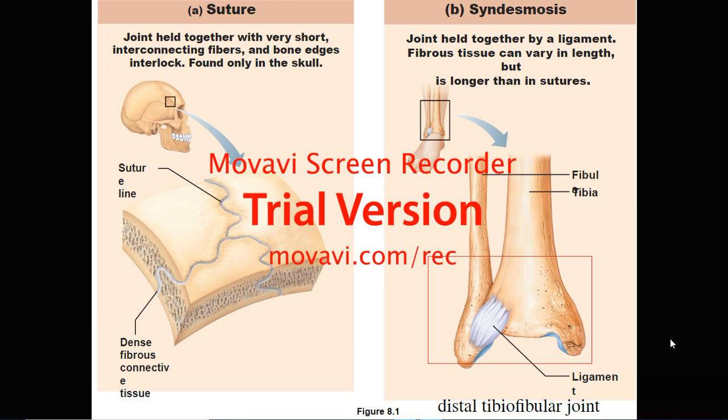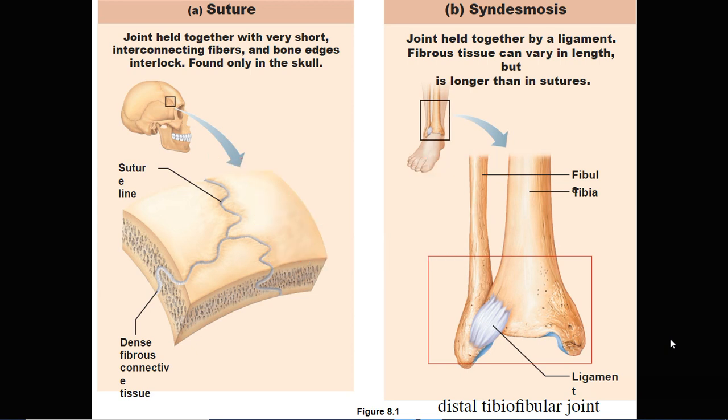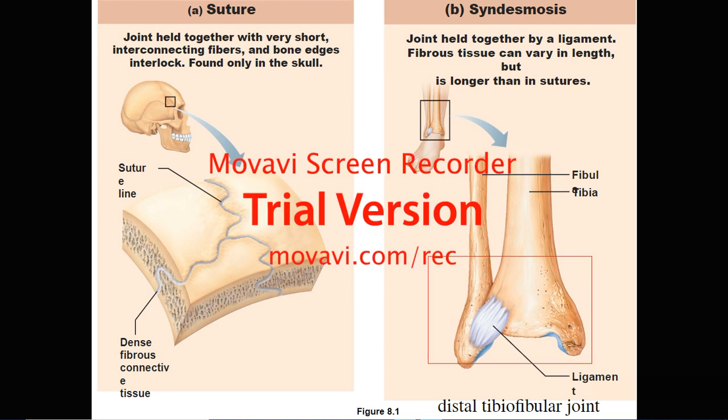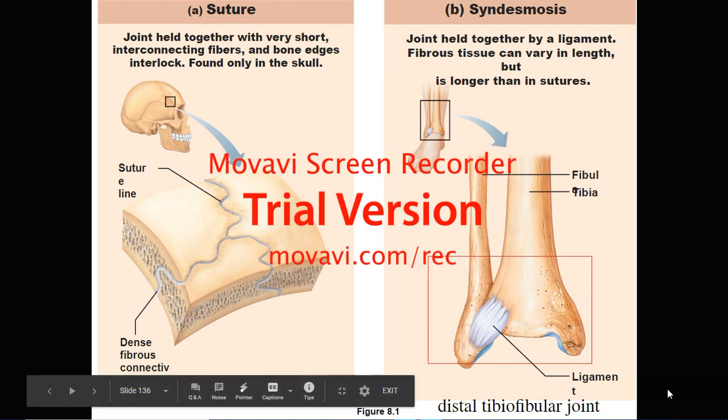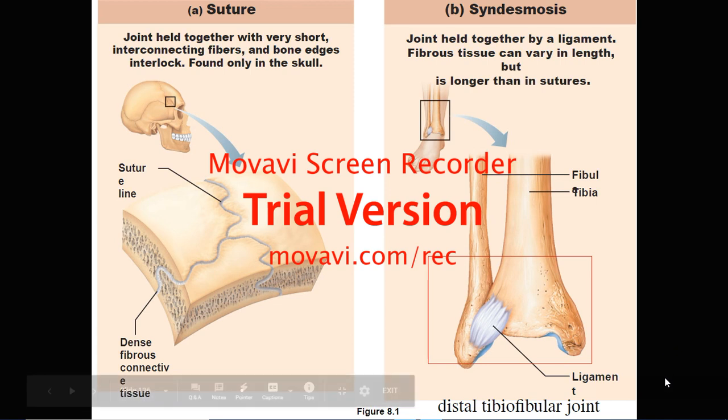The reason you don't want any movement in your skull is that it protects your brain. If the skull was able to move, that would increase the likelihood of the brain getting damaged. And again, sutures are very short collagen fibers.